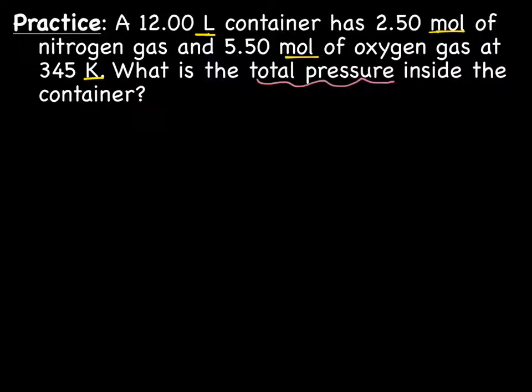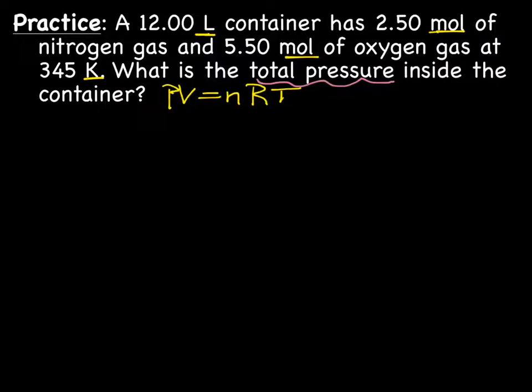Sounds to me like the ideal gas law. P for pressure, V for volume, equals the number of moles times the constant R times temperature. So I think what we should do is solve for the pressure of nitrogen and solve again for the pressure of oxygen. Then we can add those 2 pressures together to come up with a total pressure.